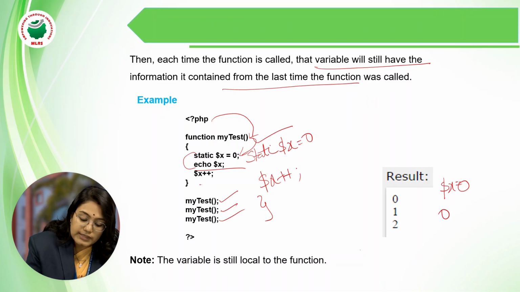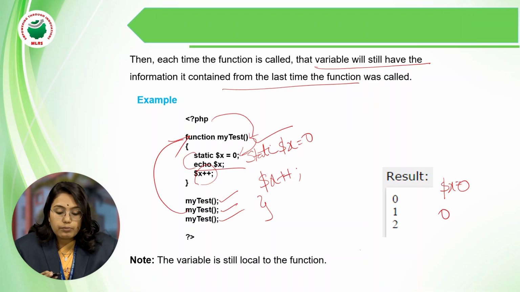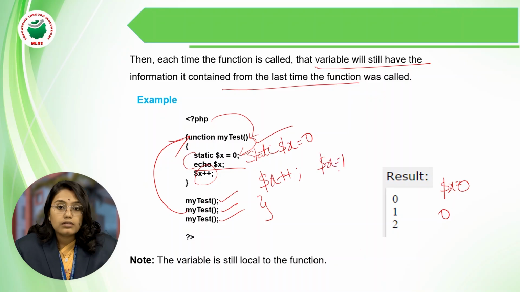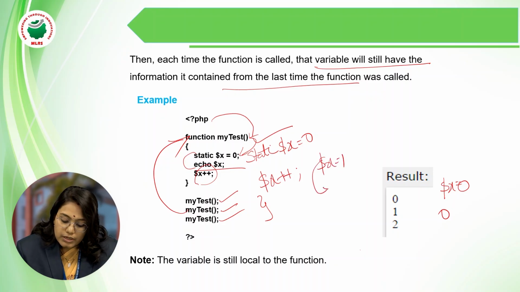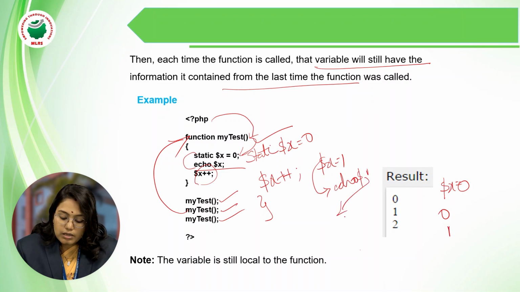Then the function is called again. It will again start from 0, increment, and become 1. Then it will print the echo statement and display 1.